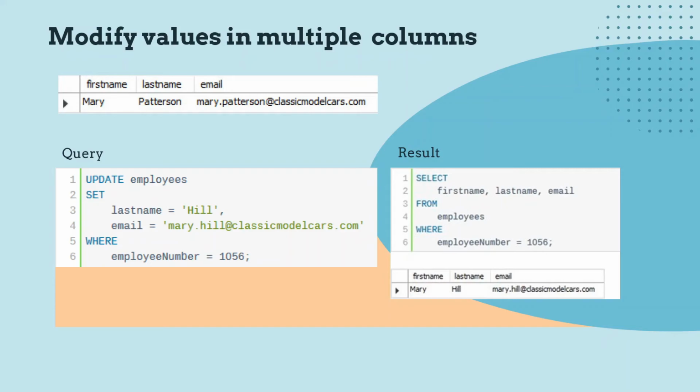And then if we want to check the result, we can use the statement select first name, last name, email from employees where employee number is 1056. So we will get the result of updating last name and email for employee number 1056.